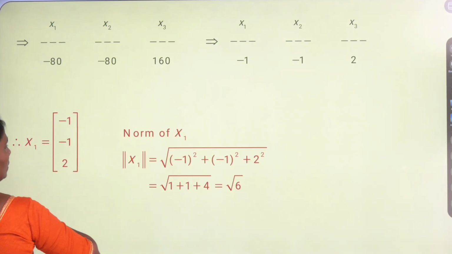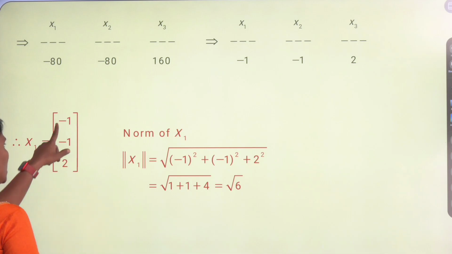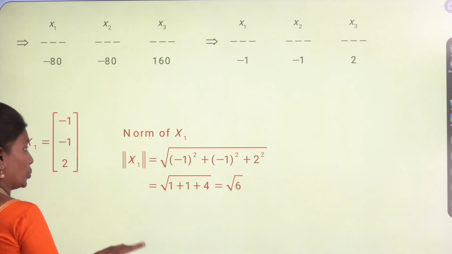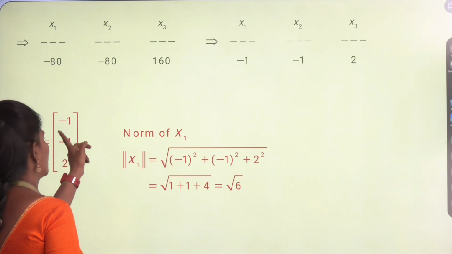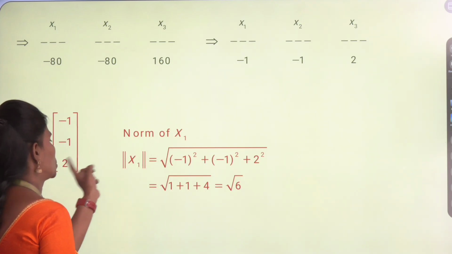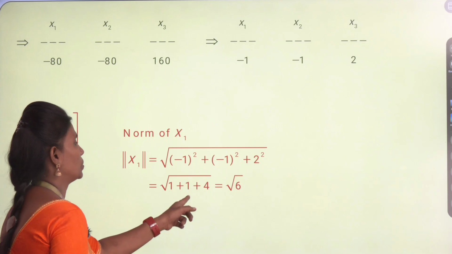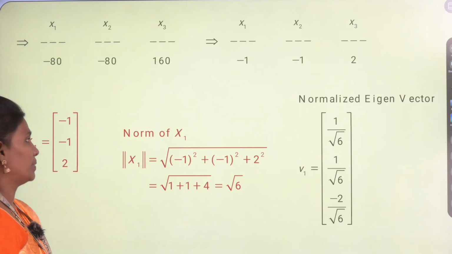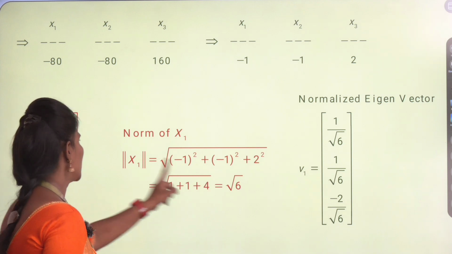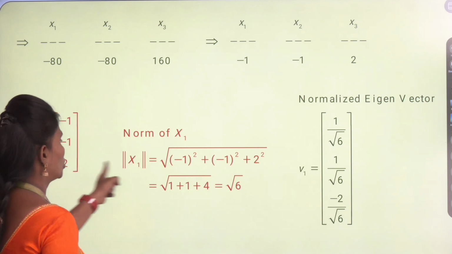See here. The norm is the square root of the sum of the squares of the values: root of minus 1 squared plus minus 1 squared plus 2 squared. What is the value? 1 plus 1 plus 4 is equal to root 6. So for the normalized eigenvector, we get minus 1 by root 6, minus 1 by root 6, 2 by root 6.